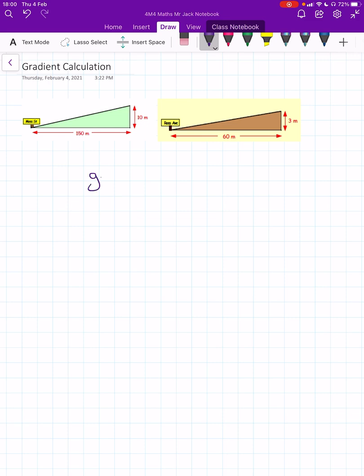Gradient is given the letter M. I've no idea why that is.